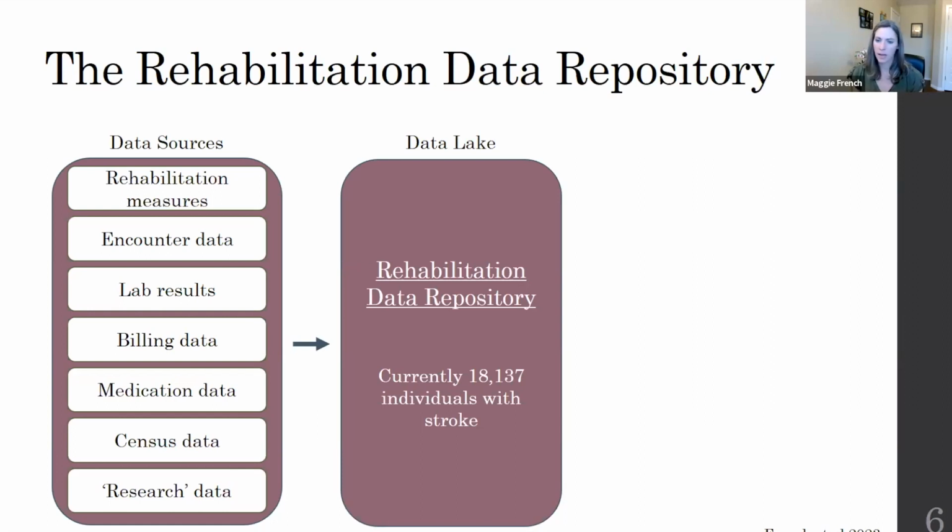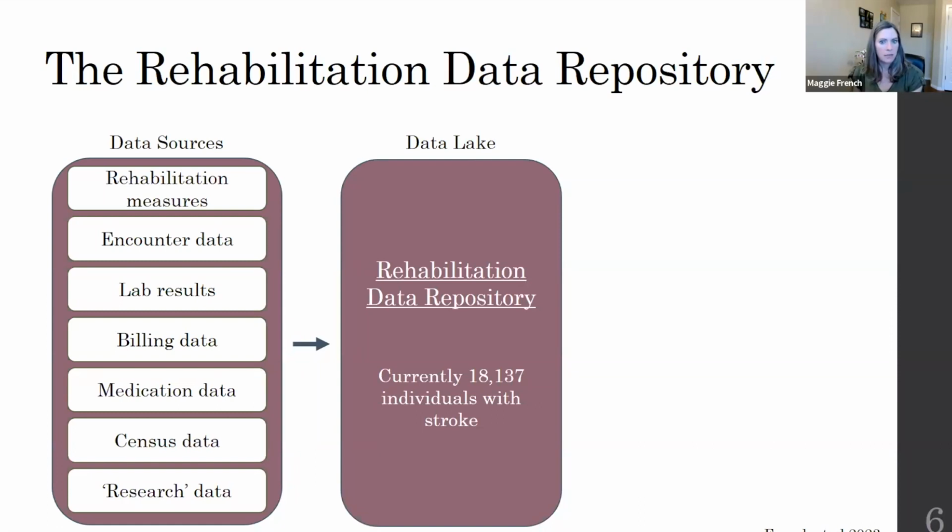So any visit they have, whether it's to a primary care physician, a neurologist, an orthopedist, a PT, OT, speech therapist, we have information about that encounter. We also have information about a couple other categories that you see here, but the real take-home point is that this data repository serves as a way for us to access a large amount of electronic health records.